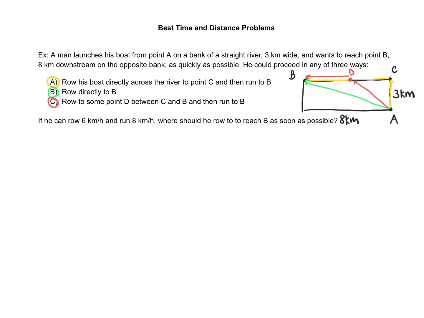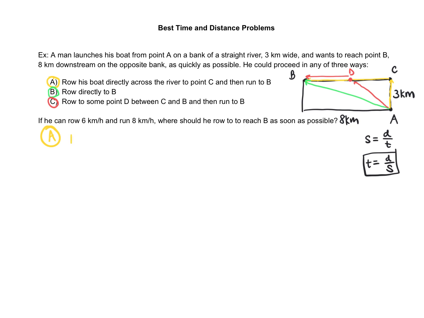Okay, so just a reminder here, since we're optimizing time. We already know that the speed of someone is their distance divided by their time. So if instead I want to know the time, that's going to be distance divided by speed. So let's start with option A. He's going directly across for 3 kilometers to point C, and then he runs 8 kilometers.